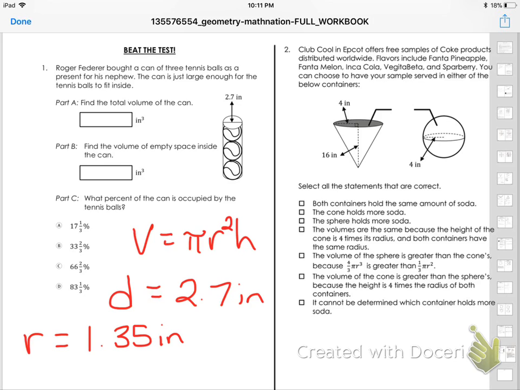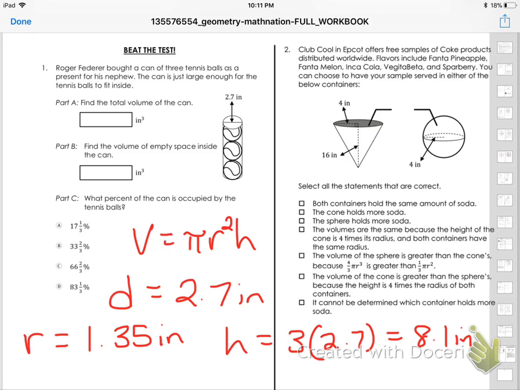And we can find the height, because the height is just tall enough for 3 of the tennis balls. So the height is 3 times the diameter, which is 2.7, which is 8.1. I should have known that.